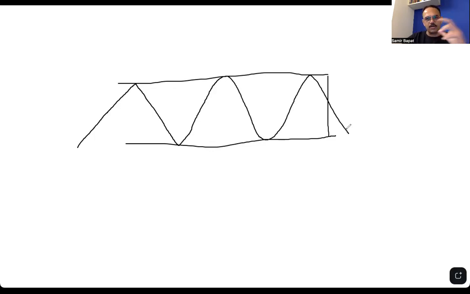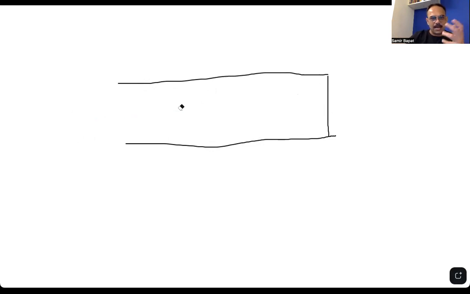How many of you are able to imagine that if we have a box, a hard box, maybe a wooden box, and let me mark it with a different color. Let's say the color of the ball is red.